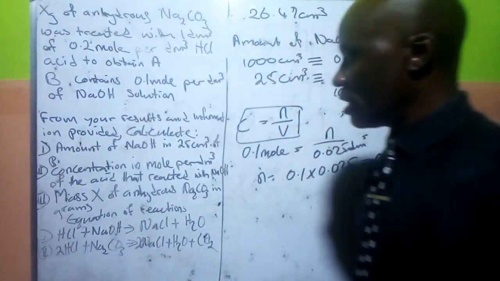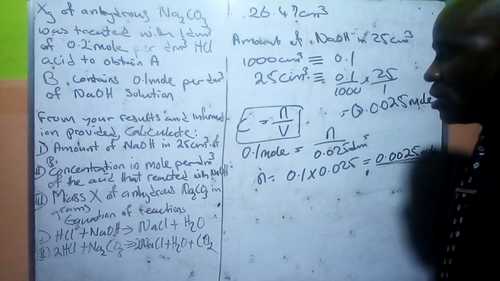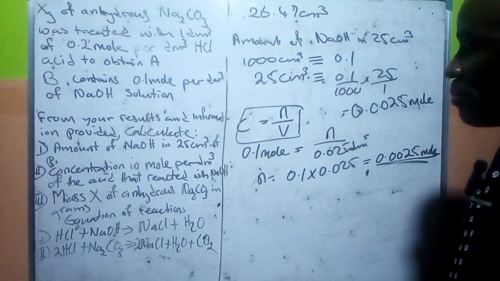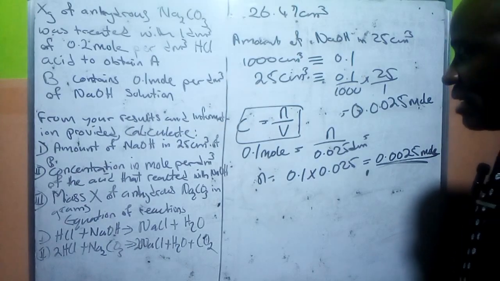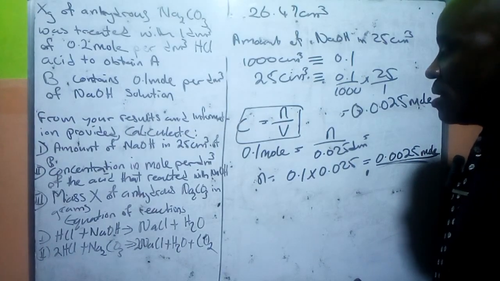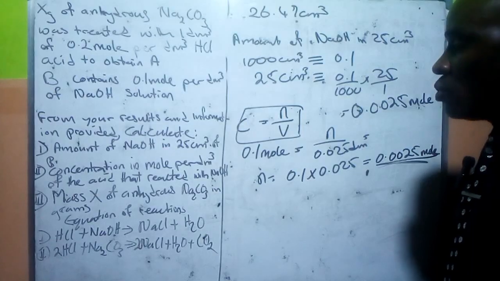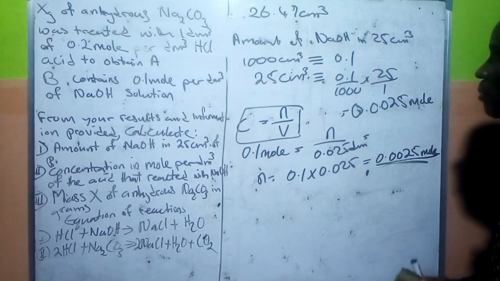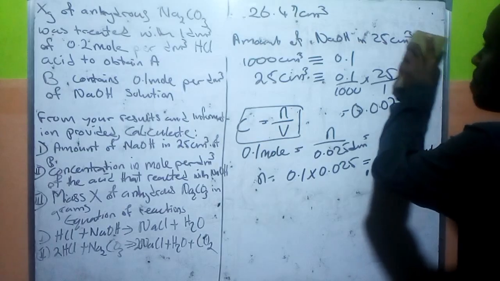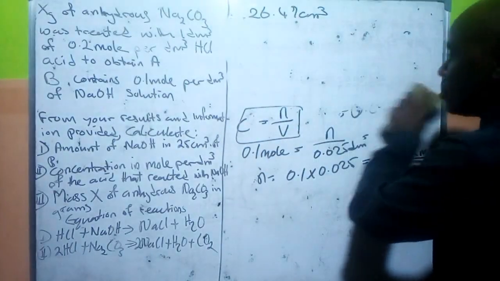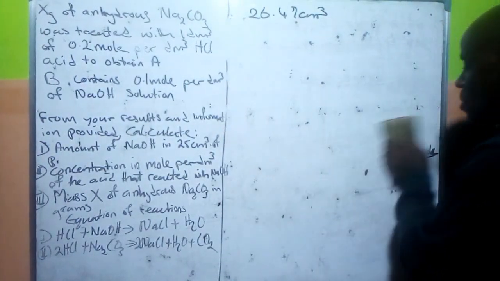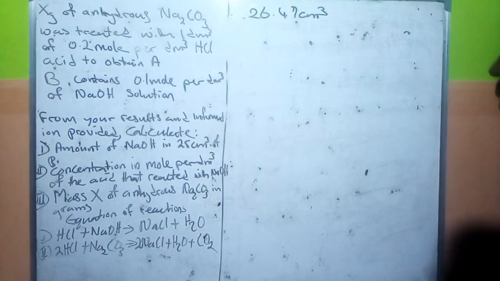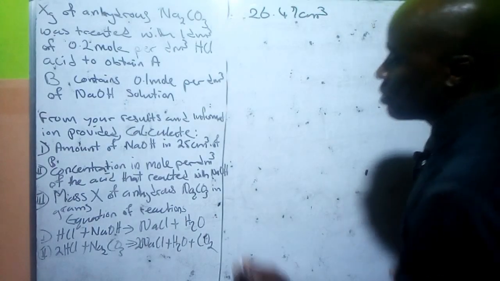The next question says the concentration in mole per dm cube of the acid that reacted with sodium hydroxide. So in this case now, we are going back to the remit of the matter. In the remit of the matter, the next thing we are doing now is what?